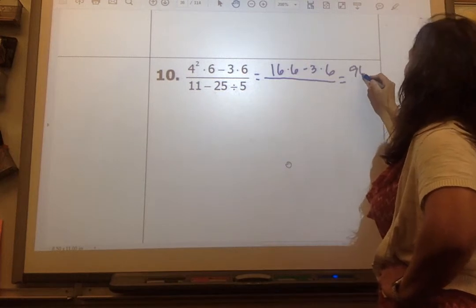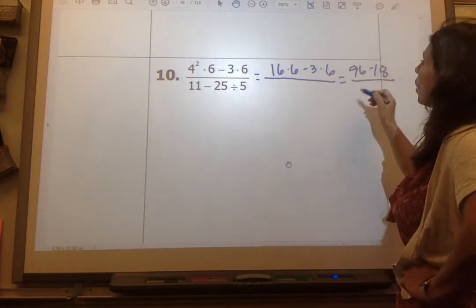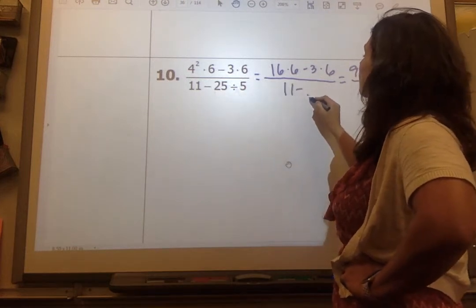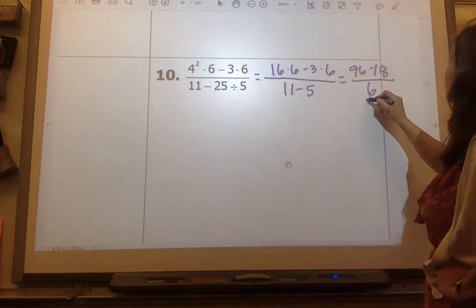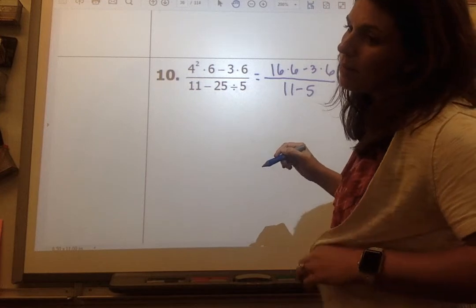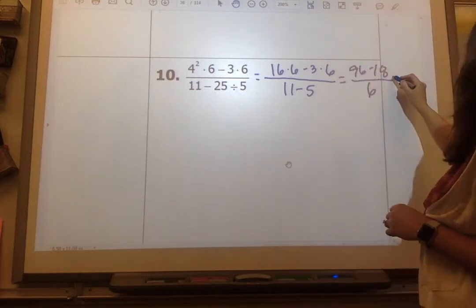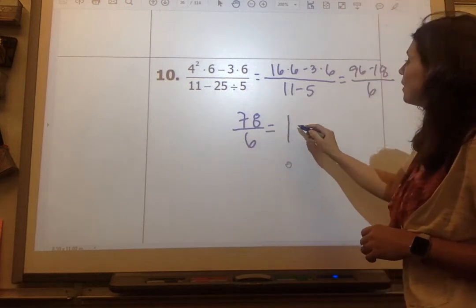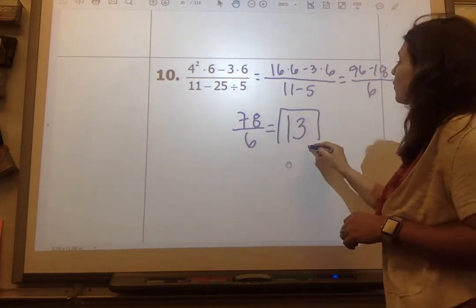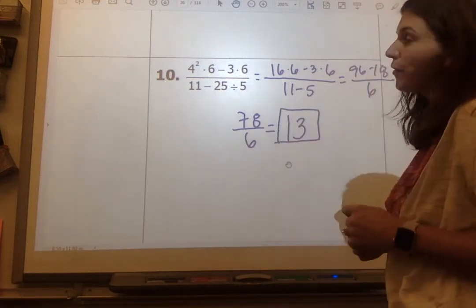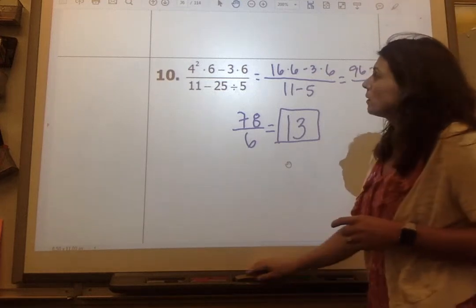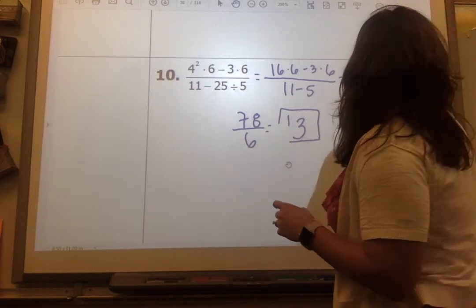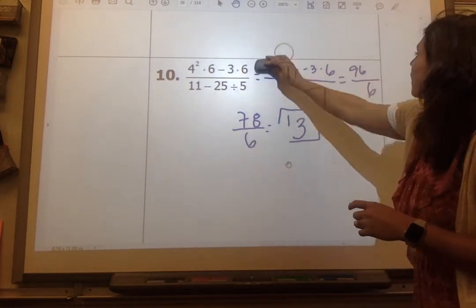So I get 96 minus 18 all over 25 divided by 5 is 5. So 11 minus 5 is going to be 6. And 96 minus 18 gives me 78. So 78 divided by 6 gives me 13. So 13 is going to be my final answer for that one. Okay, that's number 10.